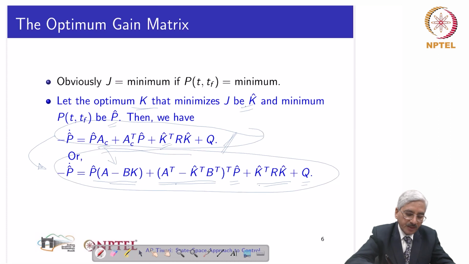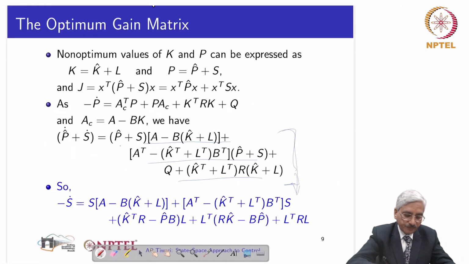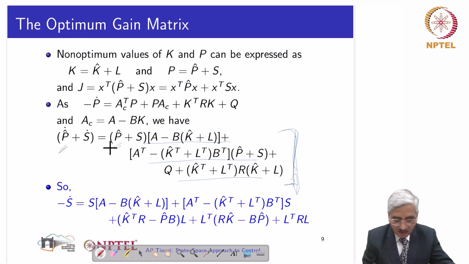So this expression for P hat is subtracted from this expression, leaving the cancellation of terms like P hat dot, P hat, K hat transpose R K hat, and so on. And what is left is this one, involving only S dot on the left. And S is the deviation in P from the optimum value of P. So S dot becomes this one, S into this, transpose into S, and this.